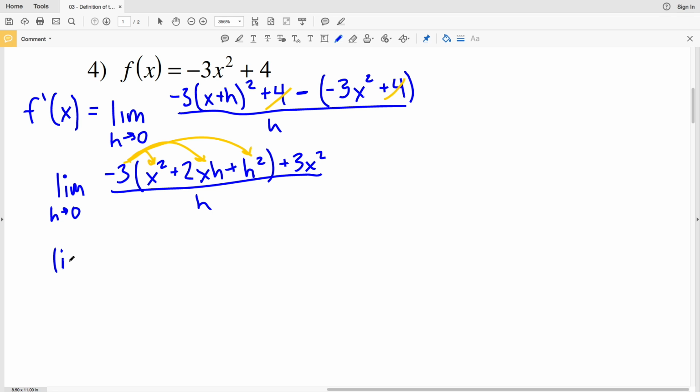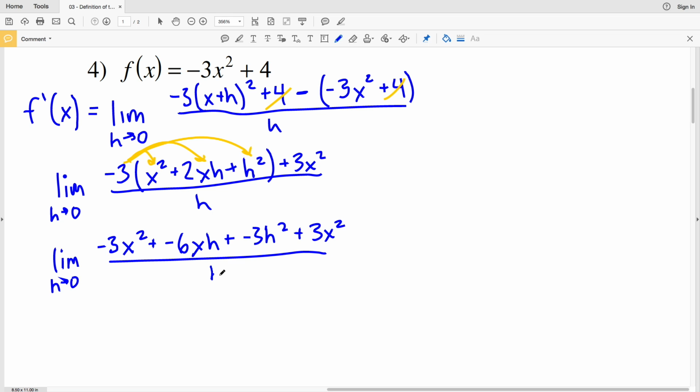But continuing on, I'll have the limit as h approaches 0 of negative 3x squared plus negative 3 times 2 is negative 6, and that's multiplied to x and h, plus negative 3 times h squared is negative 3h squared, and then I'm adding that to 3x squared, and that's all over h.